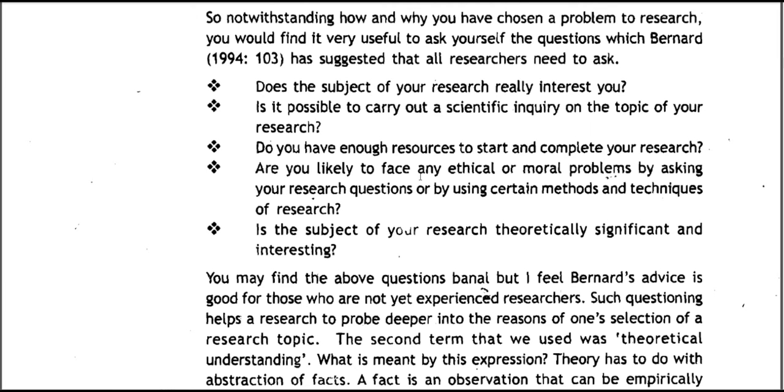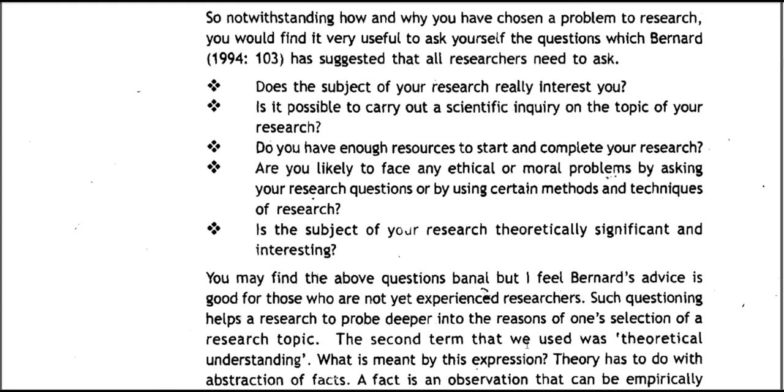Are you likely to face any ethical or moral problems by asking your research questions or by using certain methods and techniques of research? Is the subject of your research theoretically significant and interesting? You may find the above questions banal, but I feel Bernard's advice is good for those who are not experienced researchers. Such questions help a researcher to probe deeper into the reasons of one's selection of research topic.